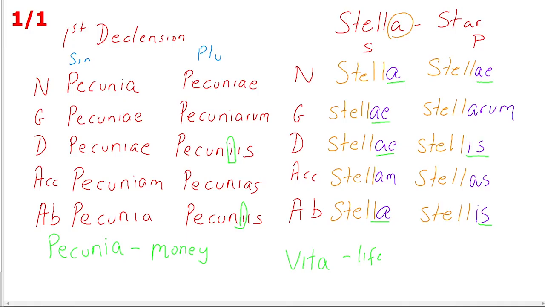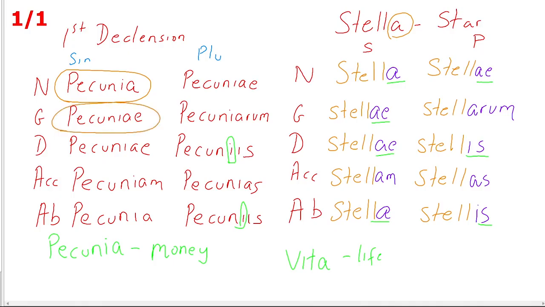So let's quickly take a look at the cases. Okay, so what we said is the nominative. What does the nominative case indicate? The subject, right? So therefore, pecunia here would be the money. Then pecuniae, genitive, would be of the money.